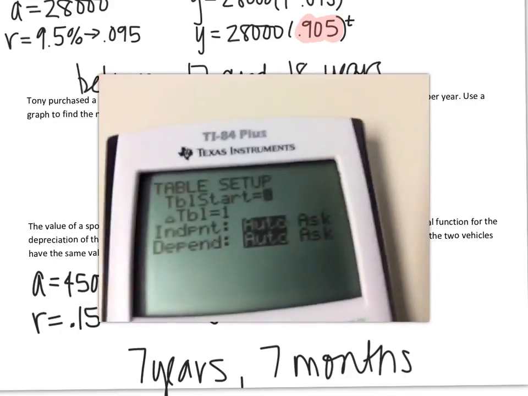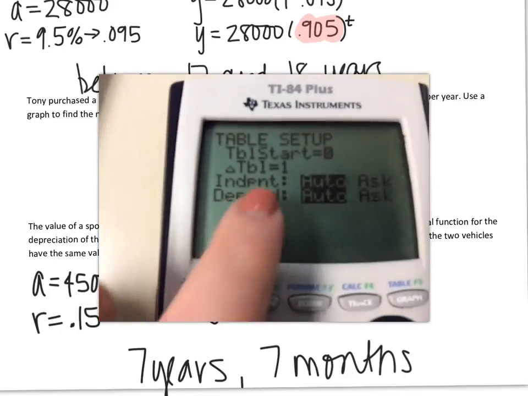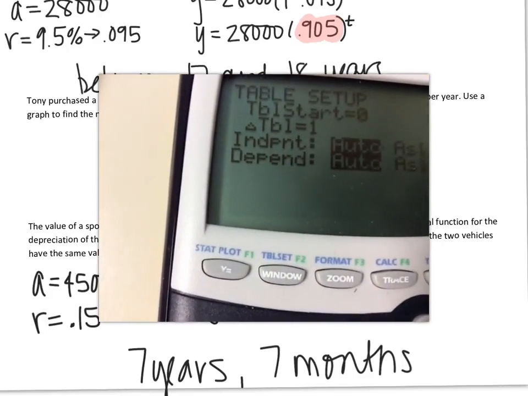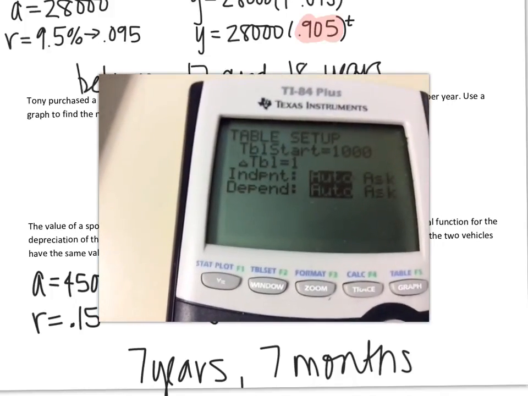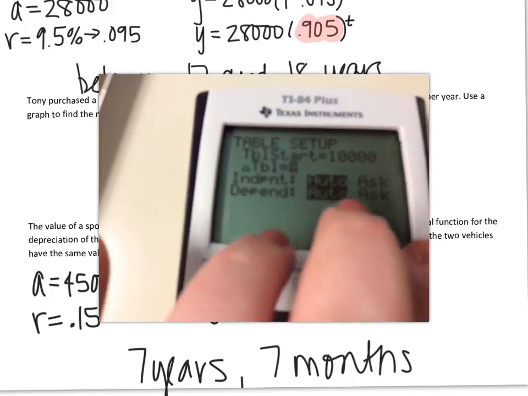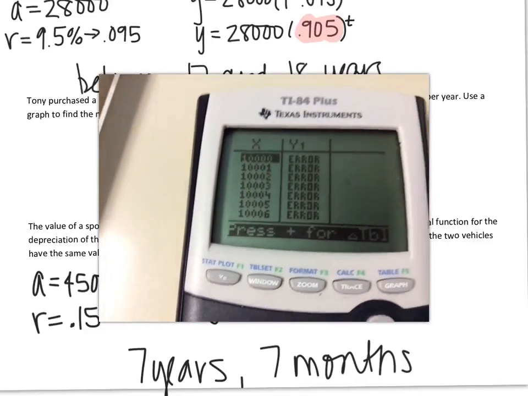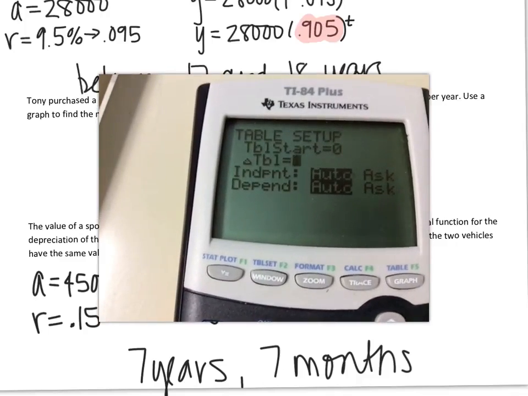So we're going to hit second table set. This is where you can control a lot of stuff with your table. First of all, you can control where it starts. Like if you need to go to 10,000 because that's where you need your table to start at, you could type in 10,000 here. And then when you go to your table, that's the first number that's going to be there is 10,000. Okay, so you don't have to scroll all the way to 10,000. If you need to go back to 0, you can just hit 0.